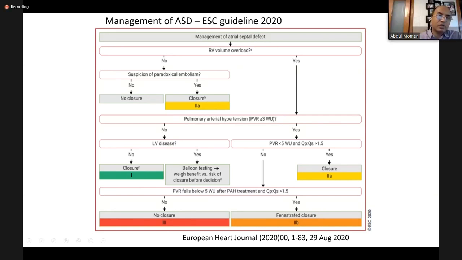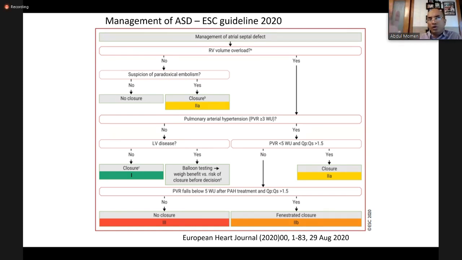Fenestrated device closure, we can make it customized. We can order it; sometimes the company may make this fenestrated device to our need, or we can make a hole in the ASD device and put it. But it is experimental, not yet established. And what does the surgeon do? A small defect remains in the ASD with a fenestrated flap.